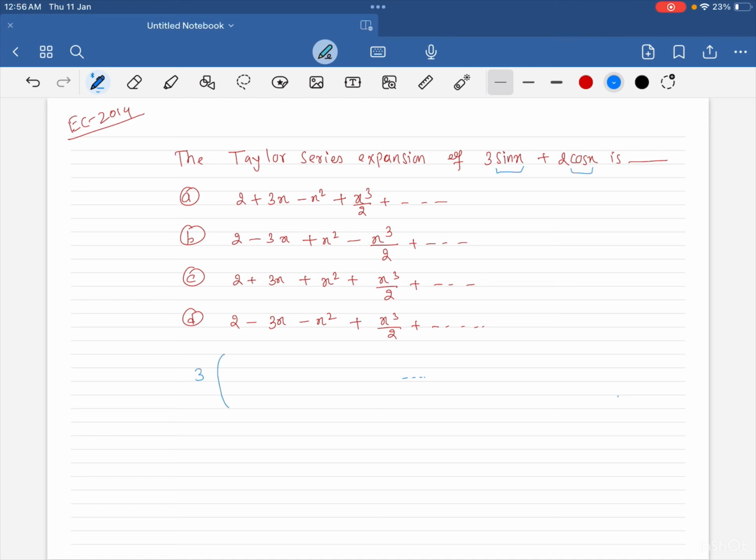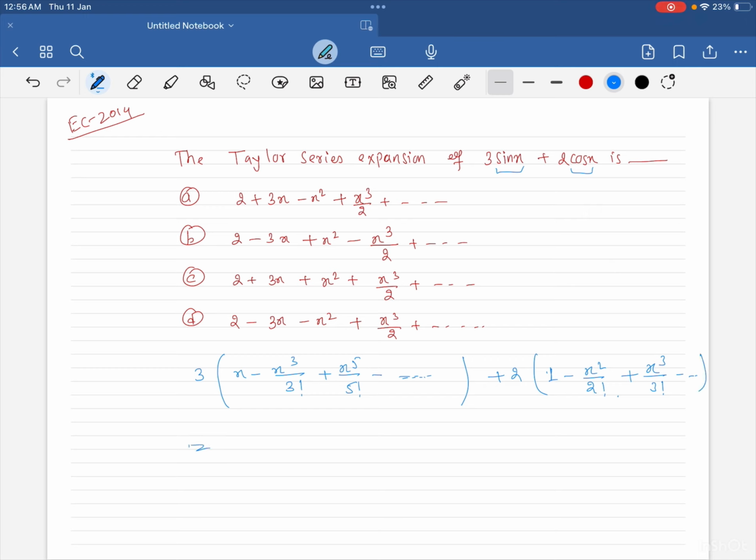So the expansion of sin x is x minus x cube divided by 3 factorial plus x to the power 5 divided by 5 factorial minus and so on, and plus 2 times the expansion of cos x. That is 1 minus x square divided by 2 factorial plus x to the power 4 divided by 4 factorial minus so on.